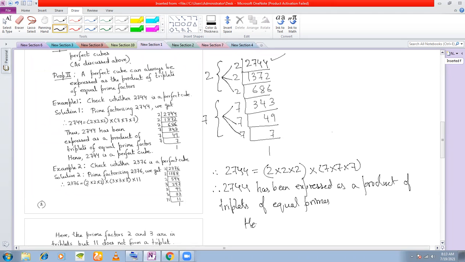Hence, 2744 is a perfect cube, a cube number.